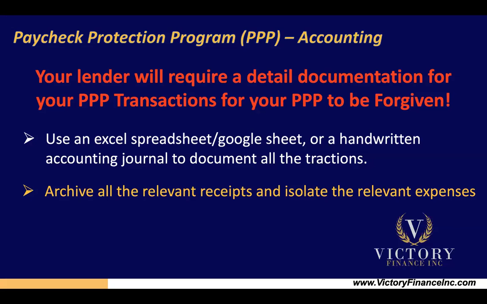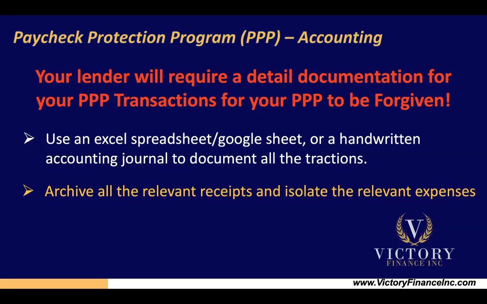There are a lot of scanning applications. You can download one and use your phone: every time you have a receipt, you add it to the document, so at the end you have one PDF file with all the receipts. That's a great way to keep track of those receipts.